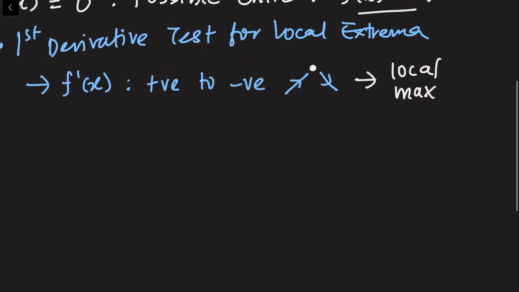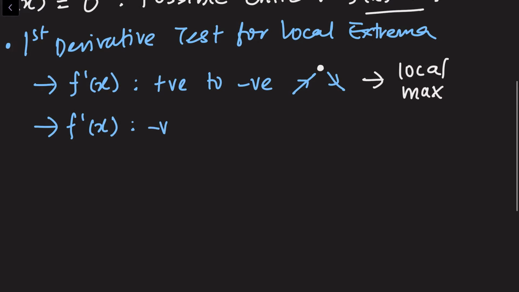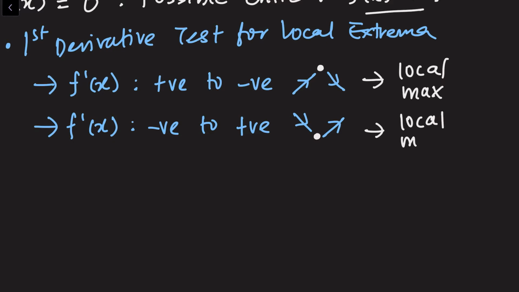If the first derivative changes from negative to positive, it was decreasing then increasing, meaning you have a local minima. Alright? If the function is easy to differentiate, and you need to differentiate anyway because you need to find the concavity, alright? Then you can apply the second derivative test.